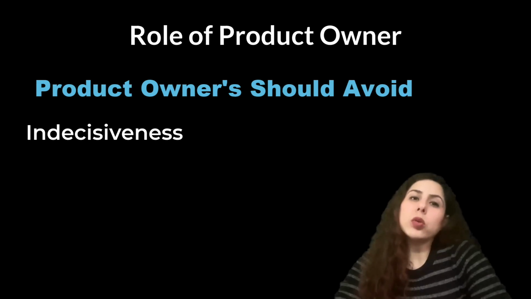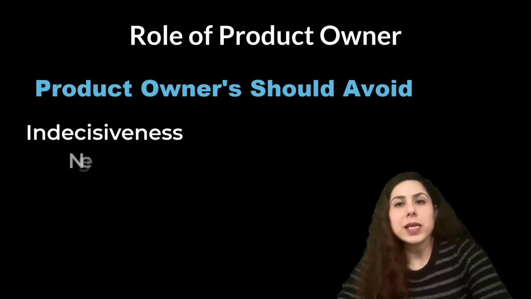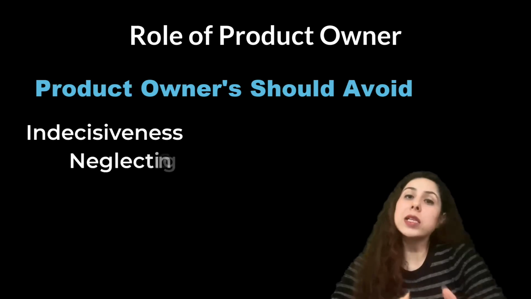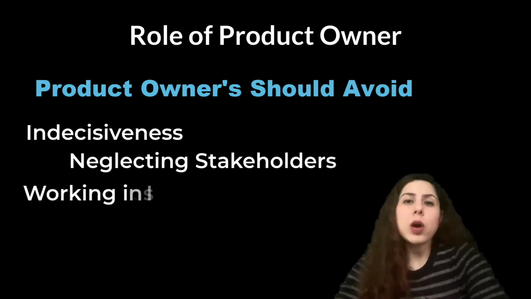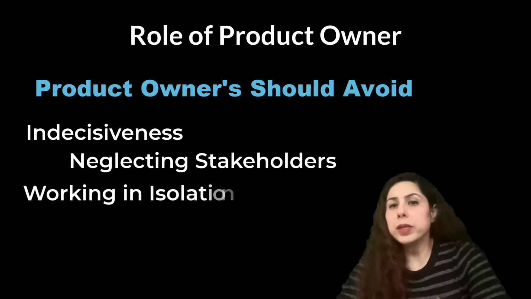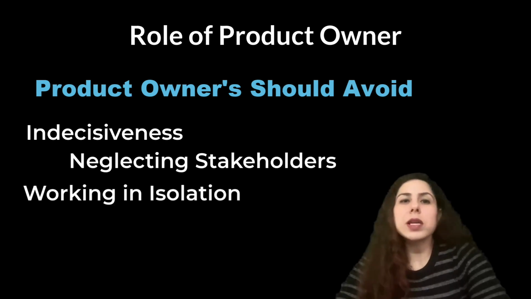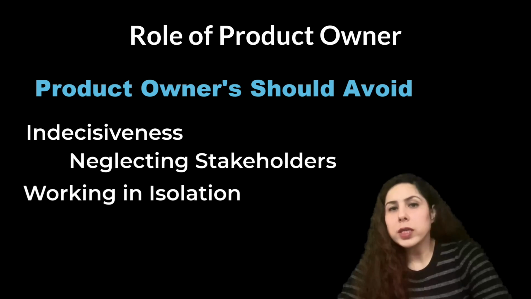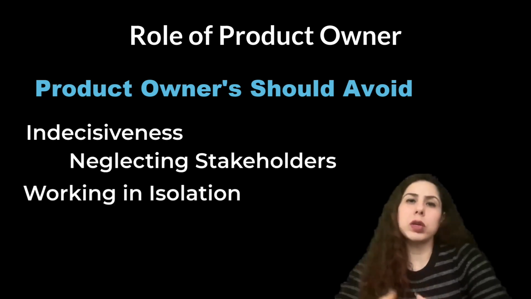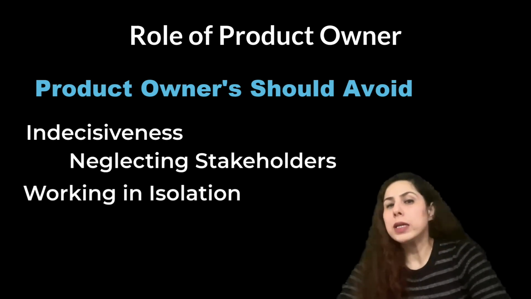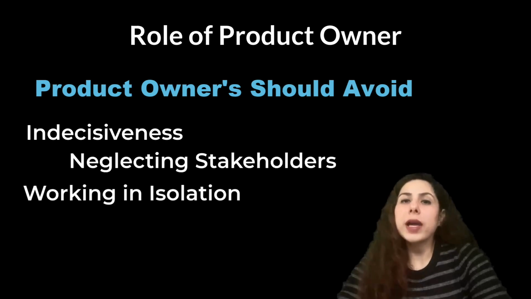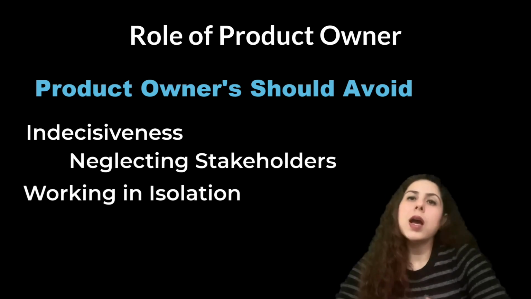Furthermore, product owners should avoid neglecting stakeholders and working in isolation, which means making decisions without considering these valuable perspectives, which can result in misaligned product priorities and poor outcomes. Collaboration with the team and stakeholders is essential for making informed decisions that drive the product in the right direction.